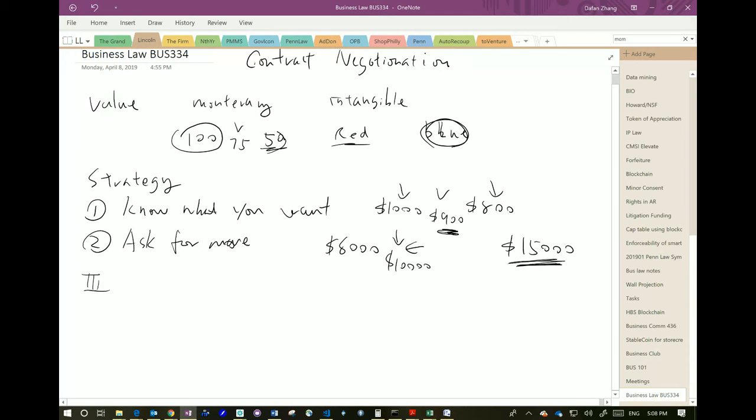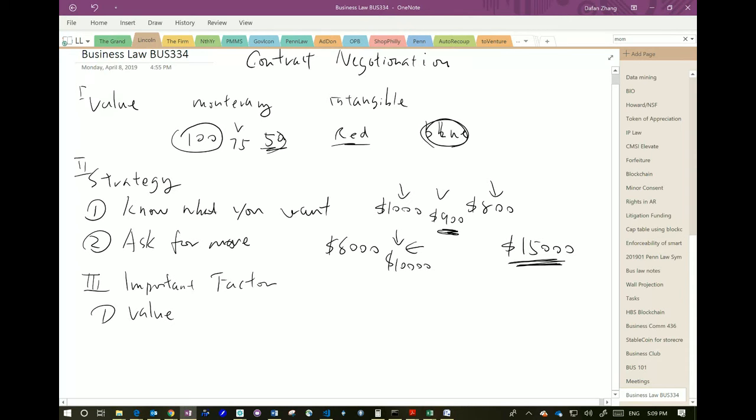And the third thing that we need to care about, the first is the value, the second is strategy, are some of the important factors that you should care about in a business contract. Number one is value.